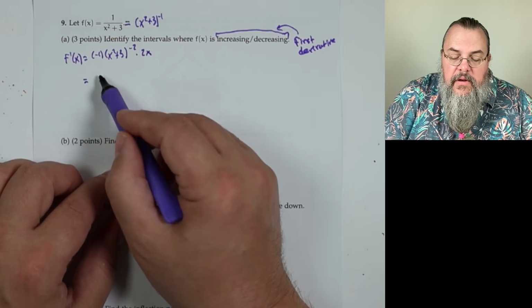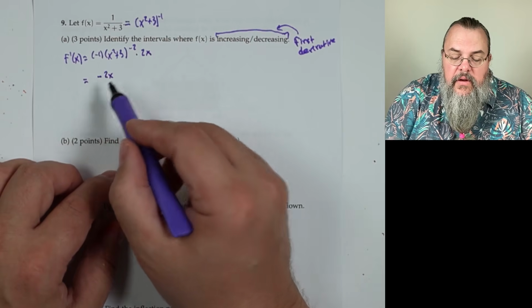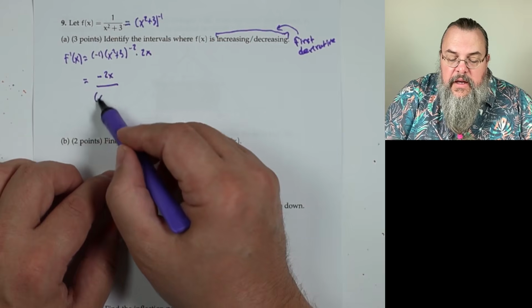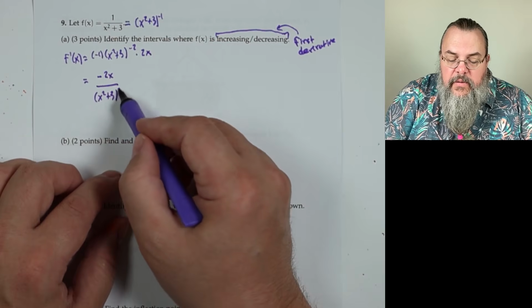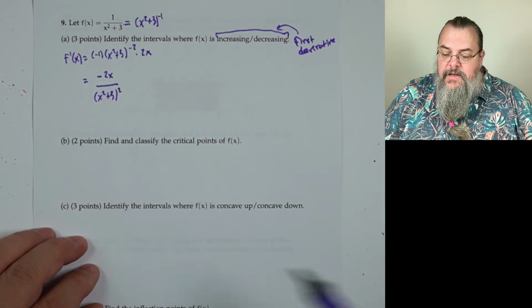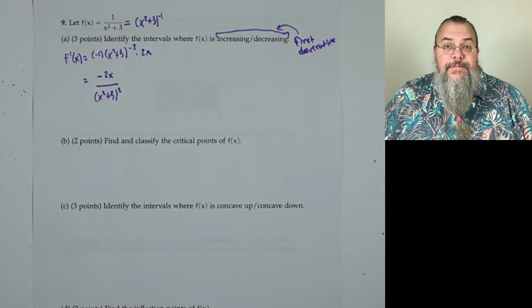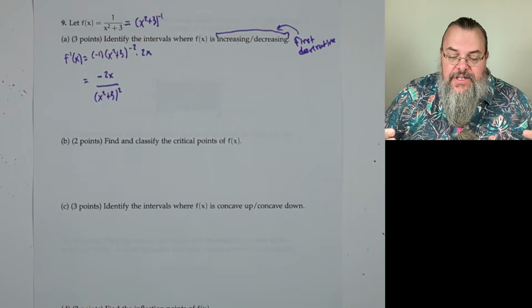That gives us minus 2x over x squared plus 3 quantity squared. So that's f prime, which tells us how things are changing.